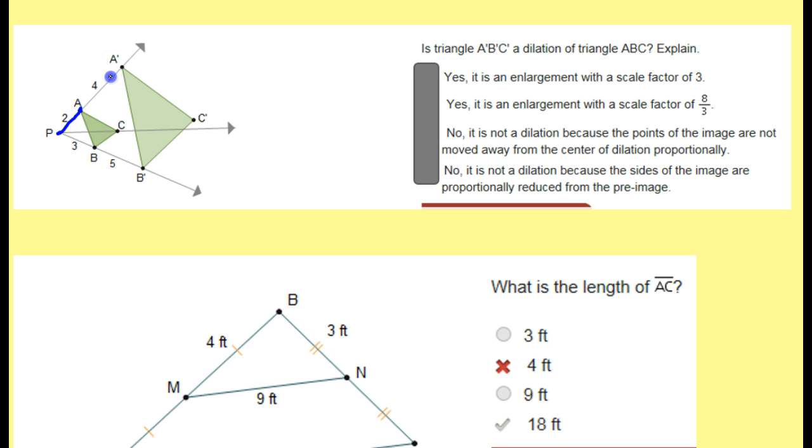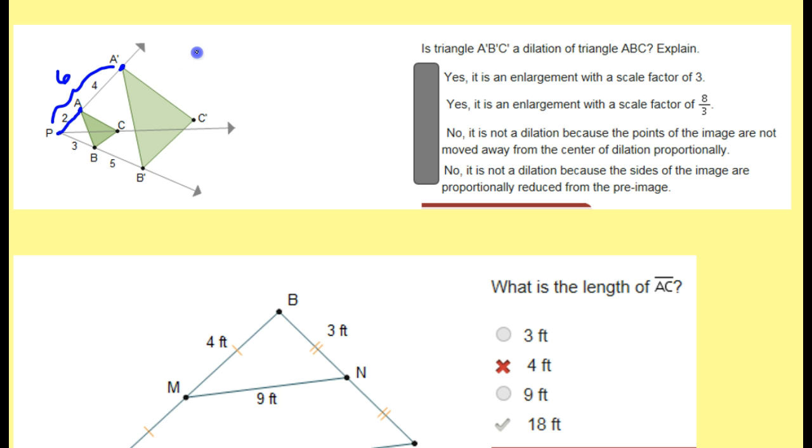Now, if you look at the distance to the image, A prime, that total distance, don't look at just the 4, it's really 6. So we went from a distance of 2 to a distance of 6.